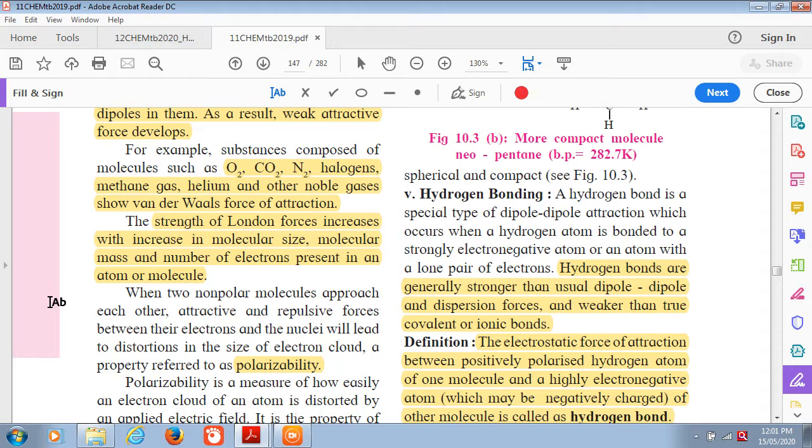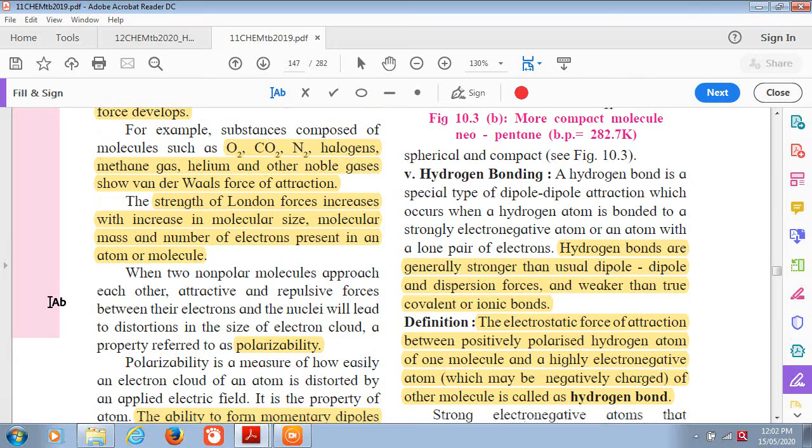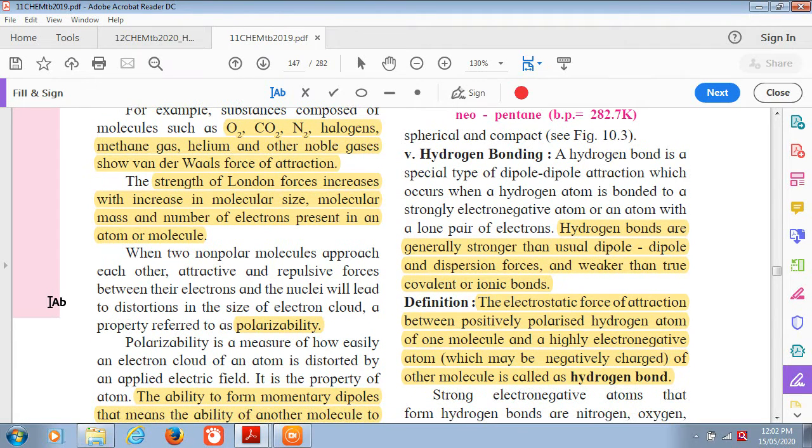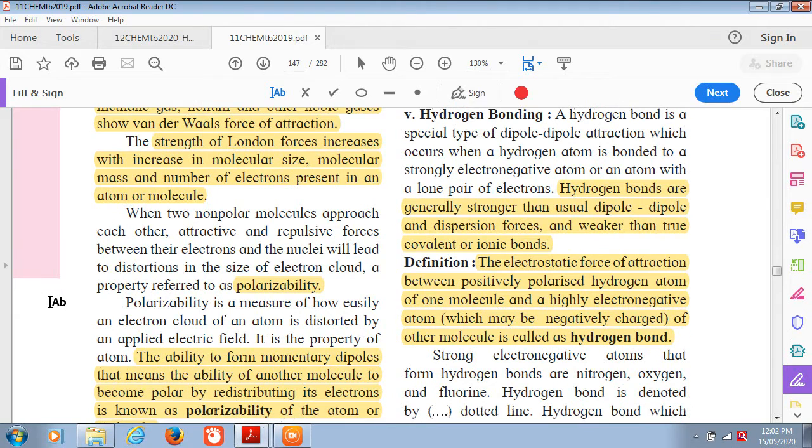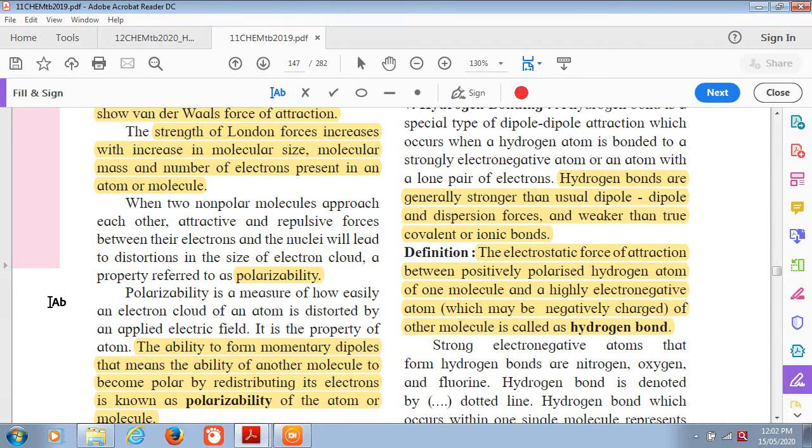Now, one important concept is polarizability. When two non-polar molecules approach each other, there are two types of forces. One is attractive force, another is repulsive force between these electrons and the nuclei, which leads to distortion in the size of that electron cloud, and this property is referred to as polarizability. What is polarizability? It is the ability to form a momentary dipole moment.